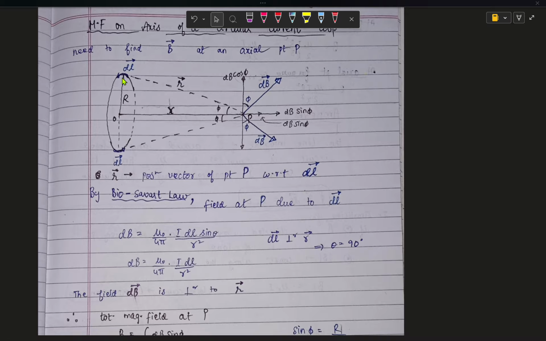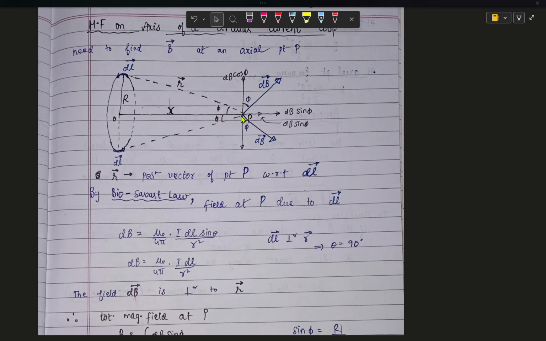Due to this current element, there will be some dB acting in this direction. Due to the opposite dl element, there will be some dB acting in that direction. Both make some angle with the axial axis. So this is the cos component and this is the sine component.